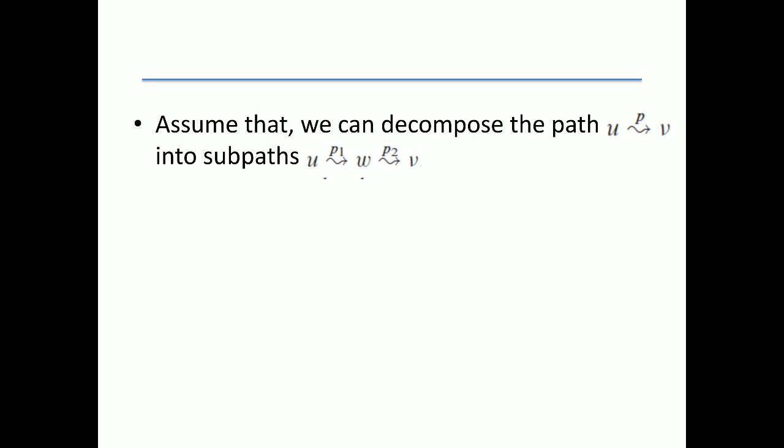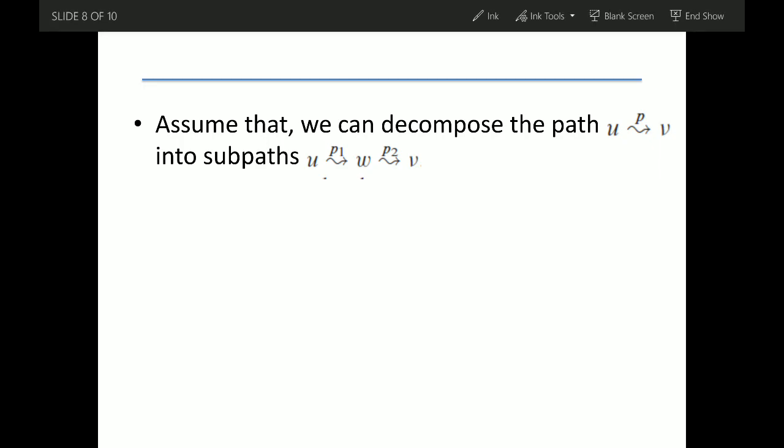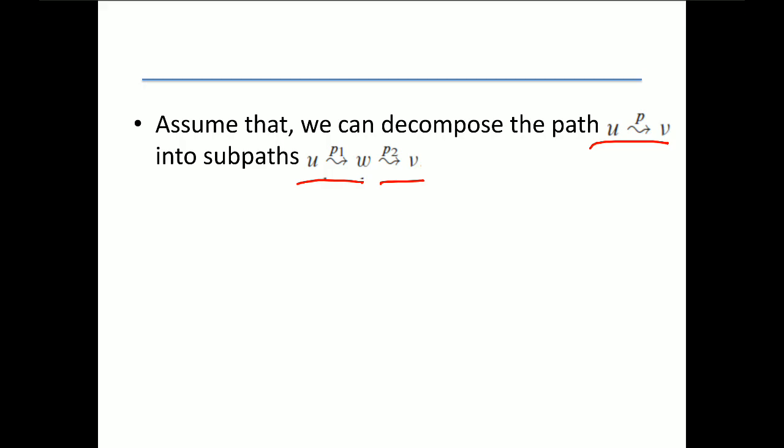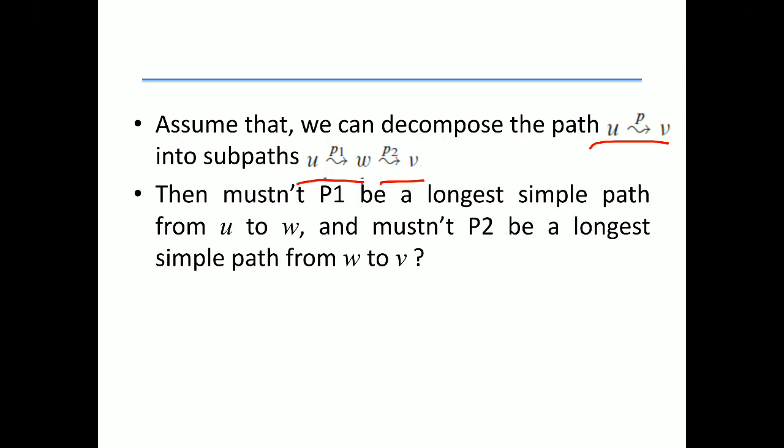So again, assume that we can decompose the path from U to V, that is P, into subpaths P1 and P2 from U to W and W to V respectively. So we are assuming that P is the longest path. Then we might be tempted to say that P1 is also longest and P2 is also longest.